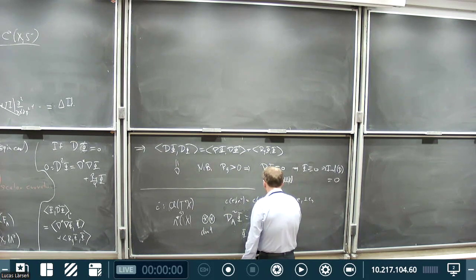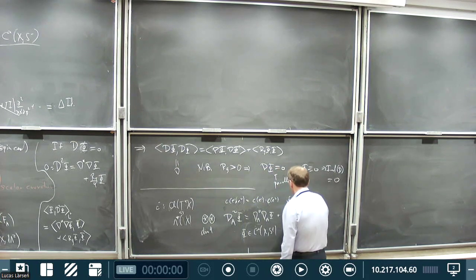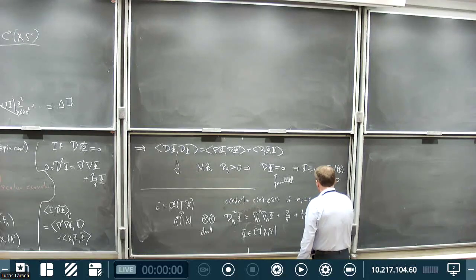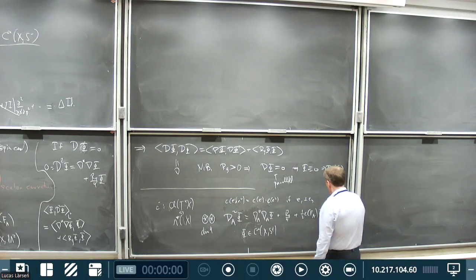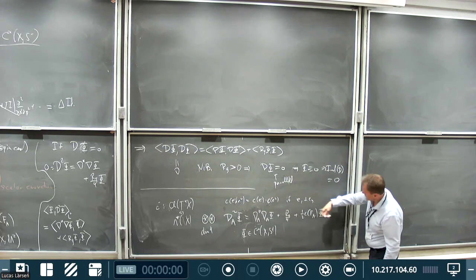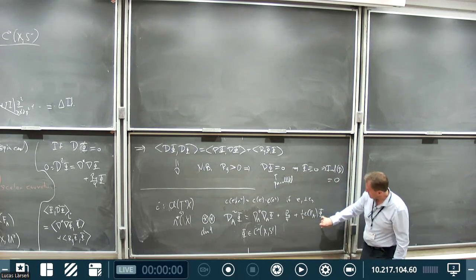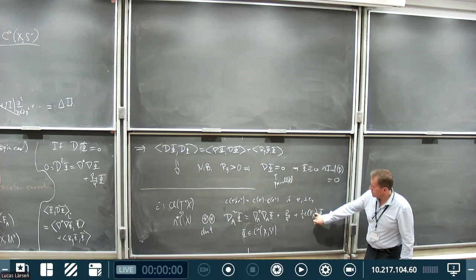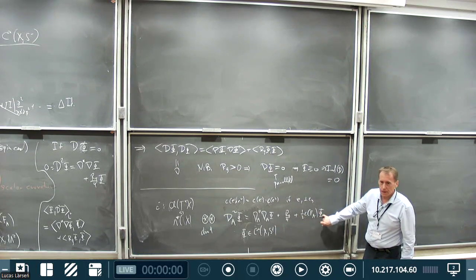This part, there's no confusion. So I have Clifford multiplication by the curvature applied to phi, but something interesting happened. Phi is now a positive spinor. The curvature is a two-form, but not all of it actually does something.